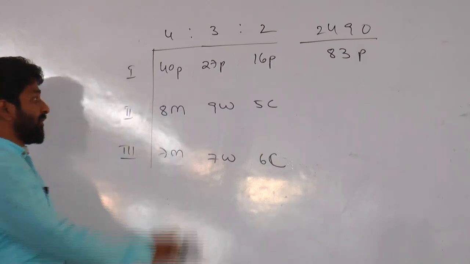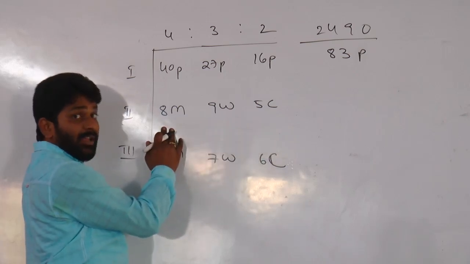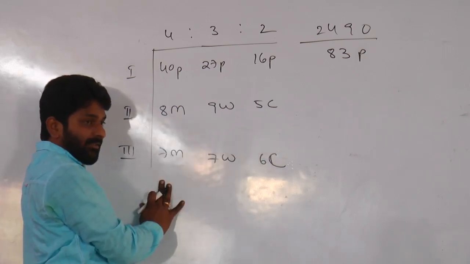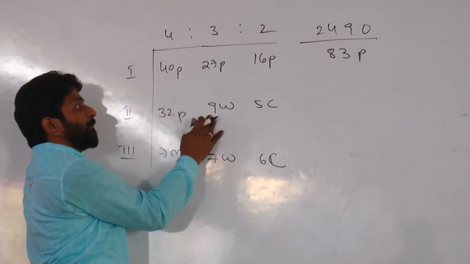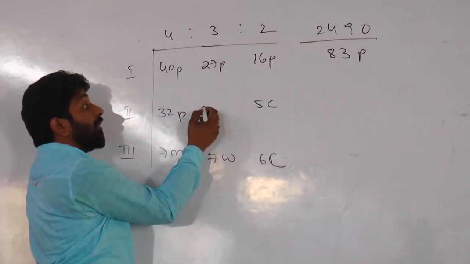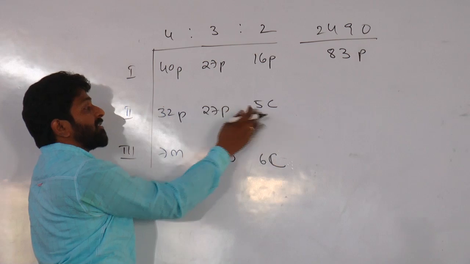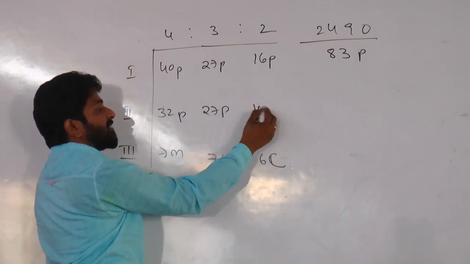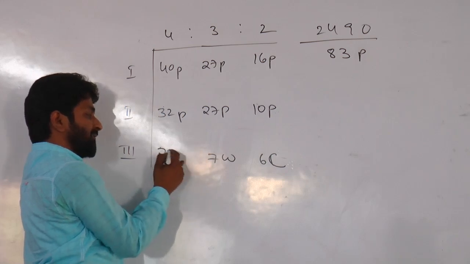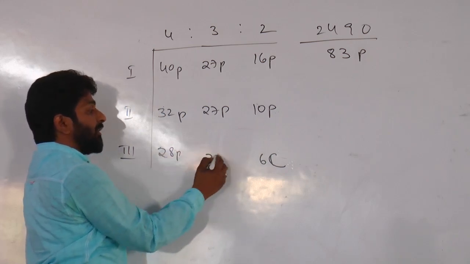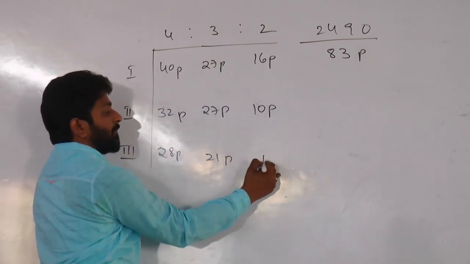Or else, you need to calculate the total number of parts of work done for the second day and then the third day. 8 fours, 32 parts, 9 threes, 27 parts, 10 parts, 28 parts, 21 parts, 12 parts.